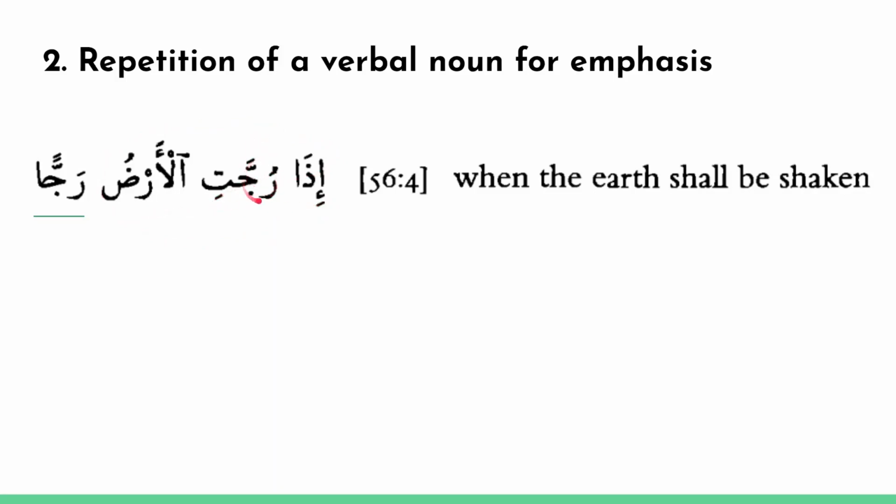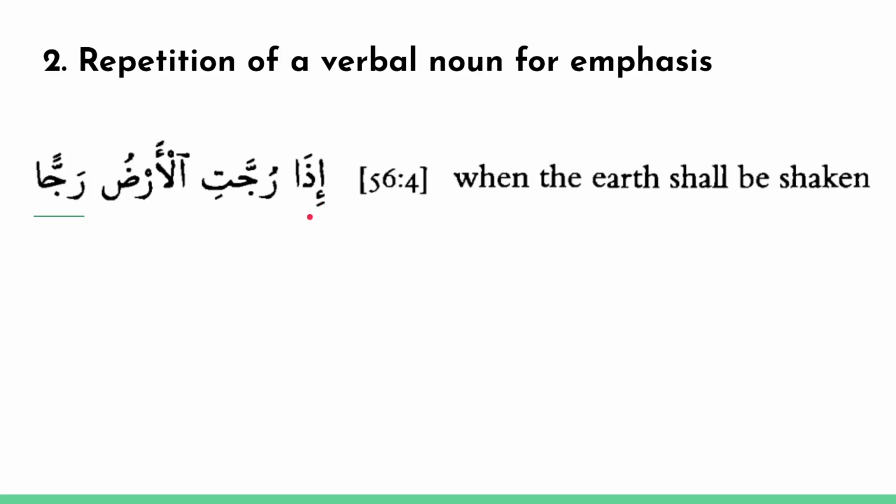But then the verb rajja appears again as a noun this time. Rajjan is the verbal noun corresponding to this verb. So a literal translation of this might be, when the earth is shaken, a shaking. But in Arabic, that's not how you actually translate it. What it actually means is something like, when the earth will be shaken violently. It's used to emphasize the severe nature of the verb.